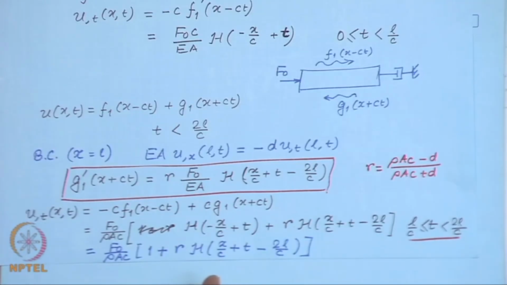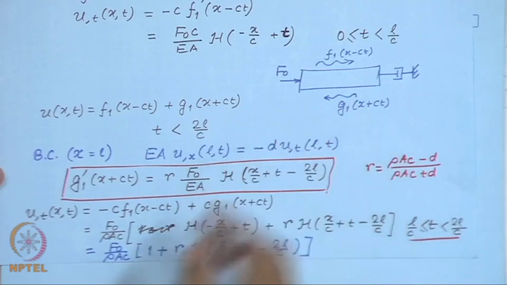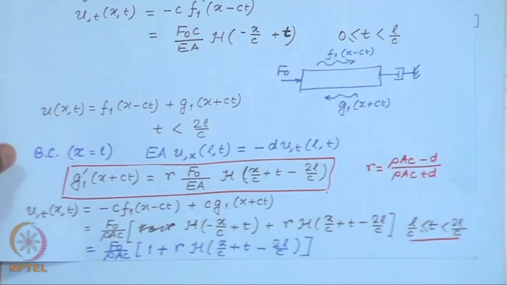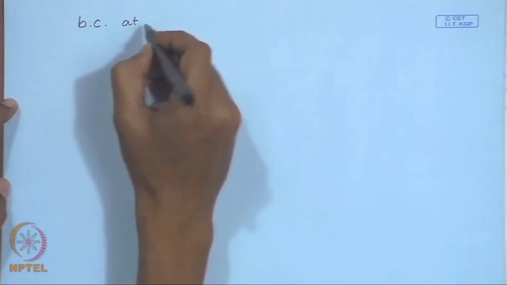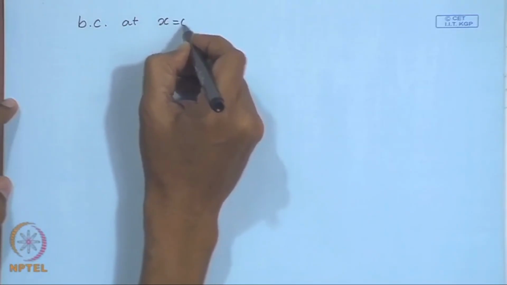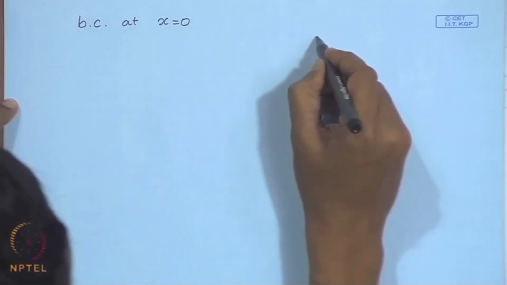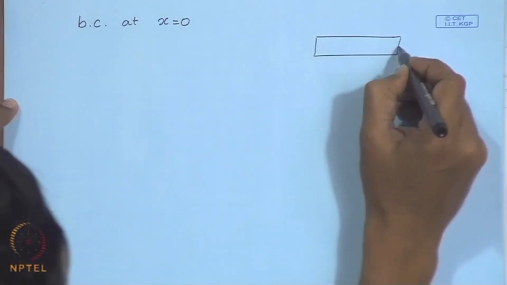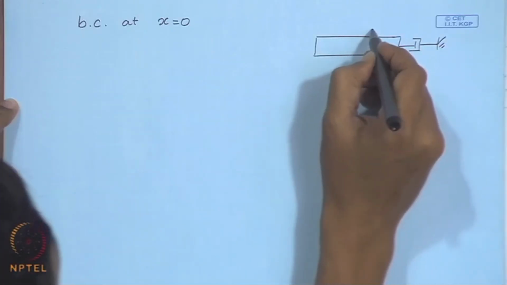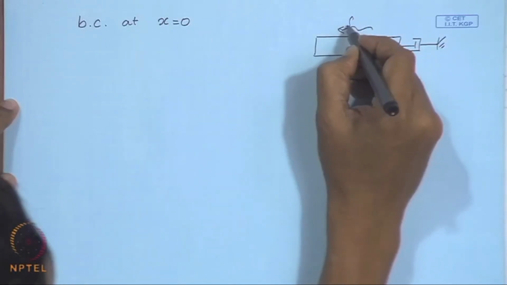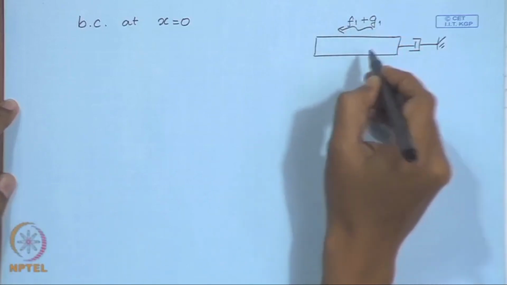Now, when this wave reaches the left end once again, so what we have is this wave propagating.